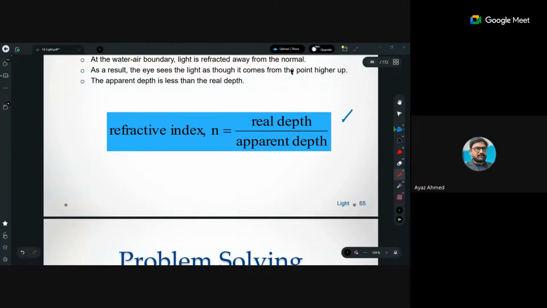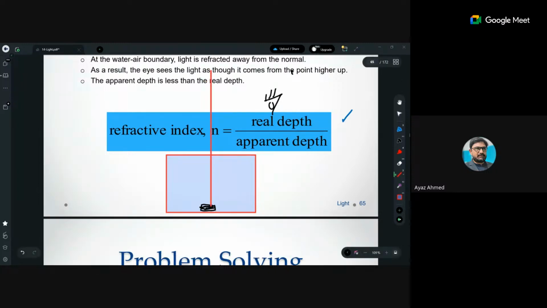For example, I will draw a part of a swimming pool, with a coin at the bottom, and you are going to see it from the top.